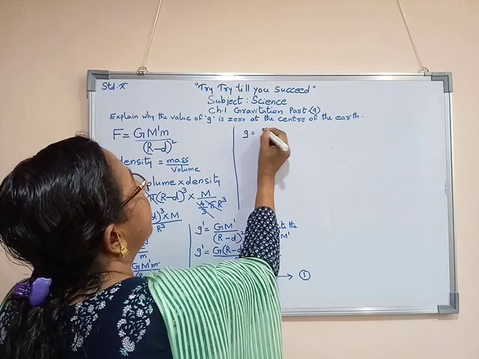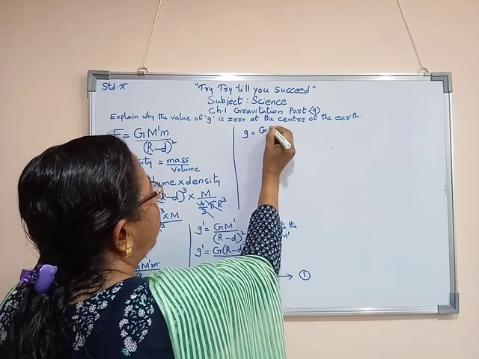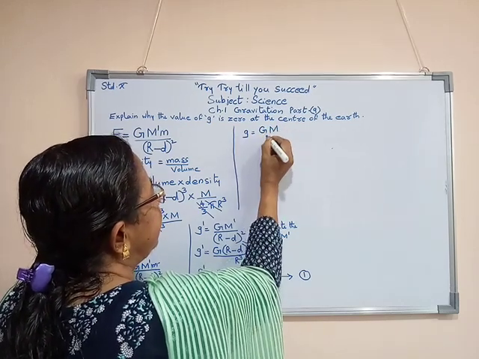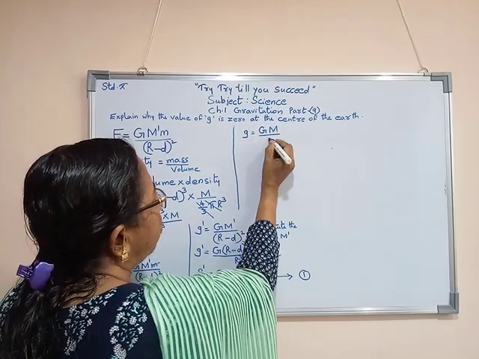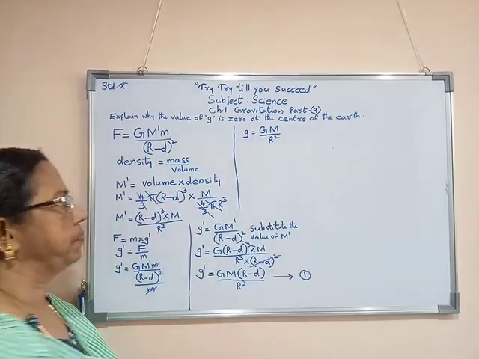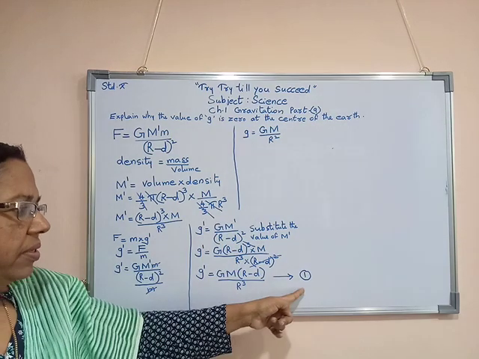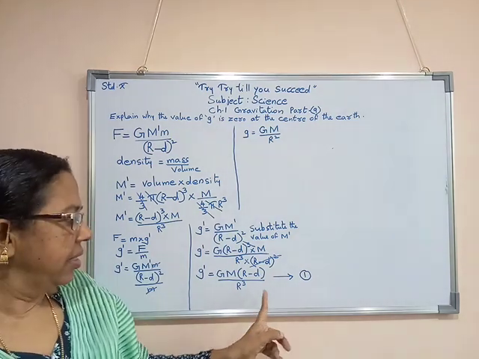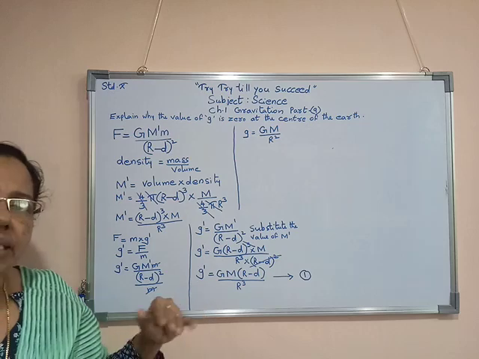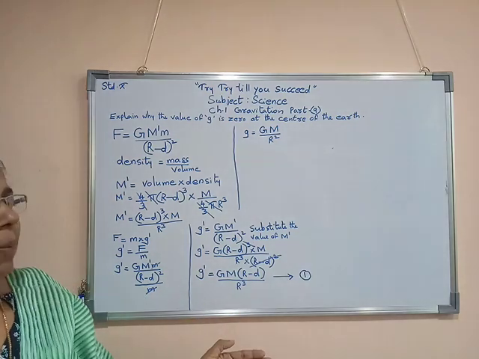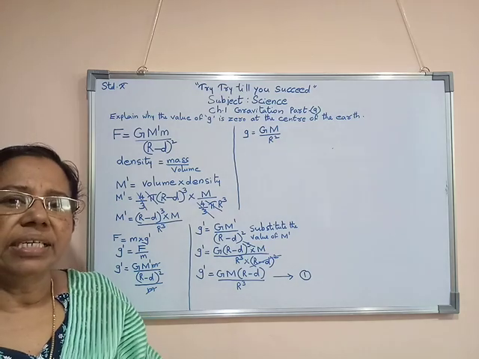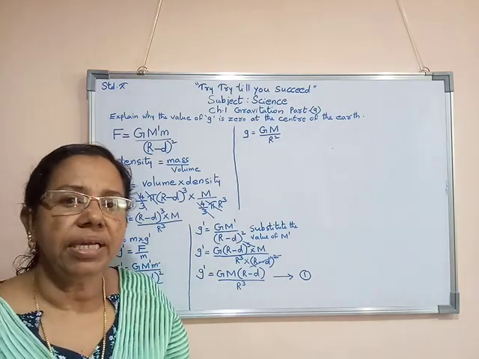For that we are having one formula we had already studied, that is capital G into capital M, M meaning the mass of the earth, upon capital R square. So, for concluding that the value of G dash is 0, we are taking the help of small g which is lying on the surface of the earth.